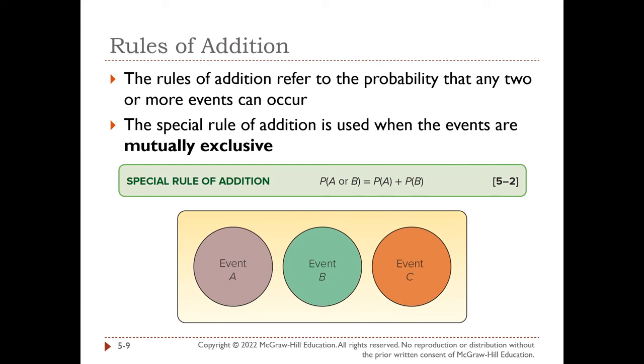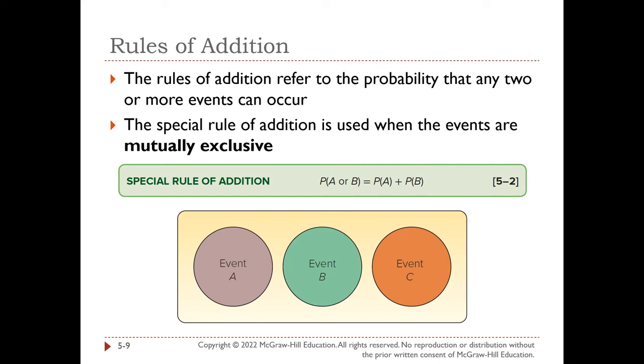So, the special rule of addition: the probability of A or B equals the probability of A plus the probability of B. That's what the big P is here, probability. So, if events A and B are mutually exclusive, the probability of one or the other event occurring is the sum of their probabilities. This can be extended for more than two events.